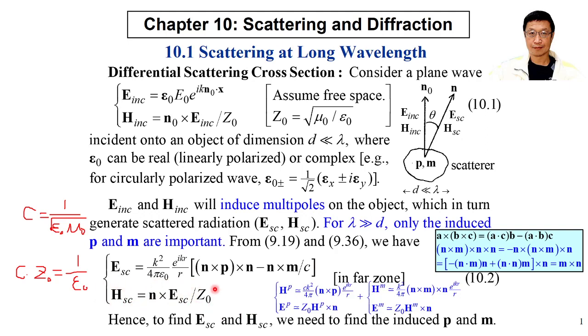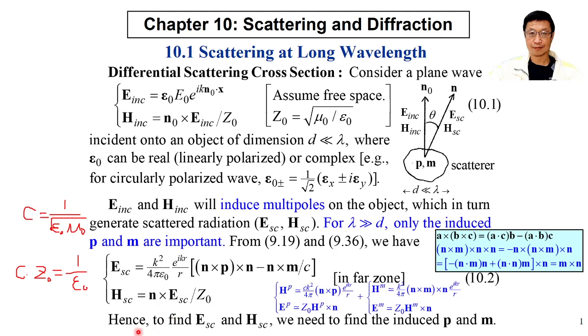And H field equals N cross E_sc divided by Z0. So we have two expressions: the expression in chapter 9 and the expression in chapter 10. Which one do you like? We will use the vector identity.